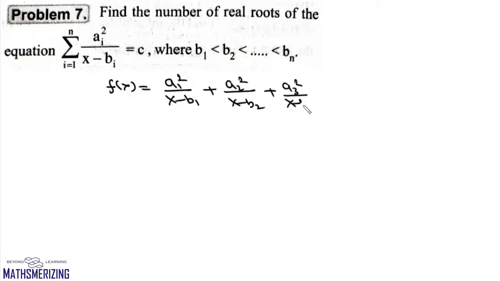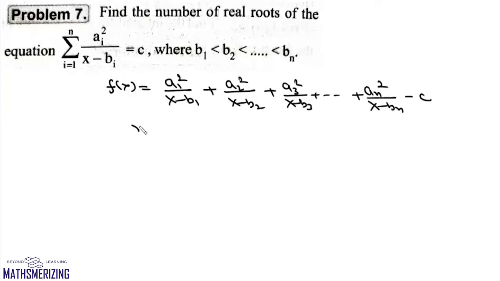Now here the question is, find the number of real roots of the equation fx equals a1 square upon x minus b1 plus a2 square upon x minus b2 plus a3 square upon x minus b3 up to an square upon x minus bn minus c.